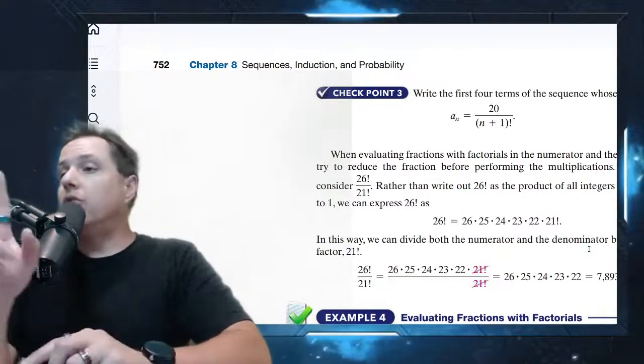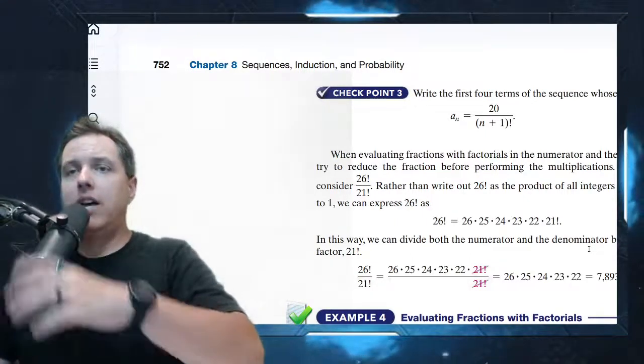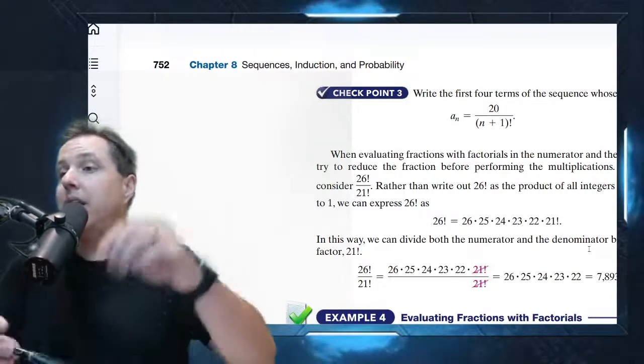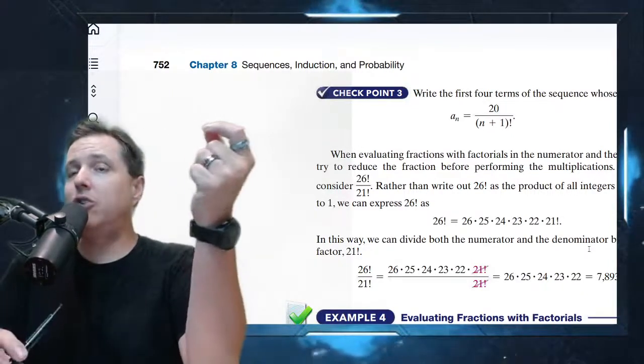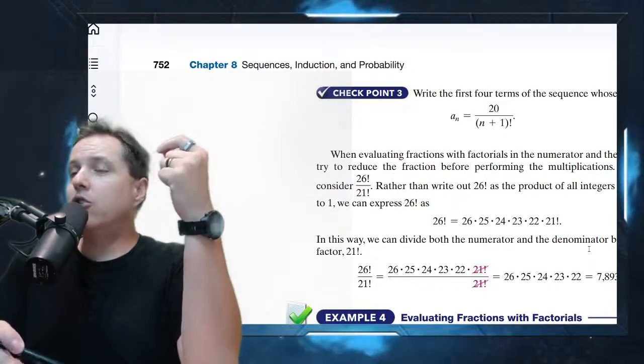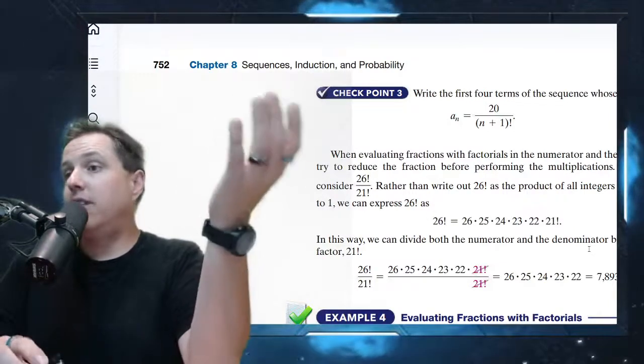Where was it? Oh, right. So there's two types that come up. Those of you who go on to Calc 2 are going to see more complicated sequences and series. But by the end of Calc 2, you're also going to have a much larger tool set for dealing with those sequences and series.